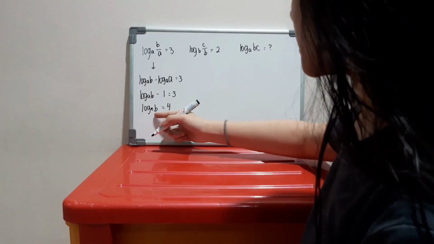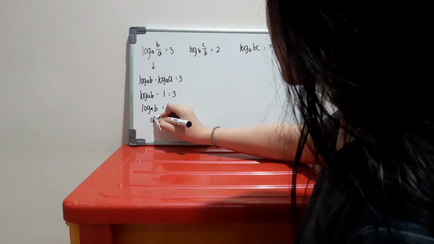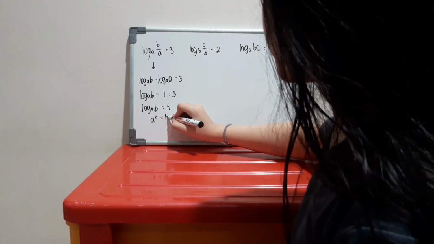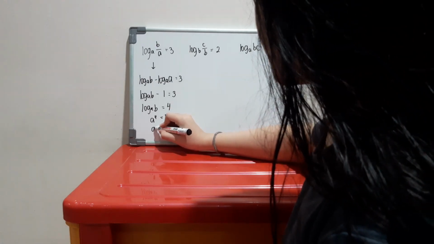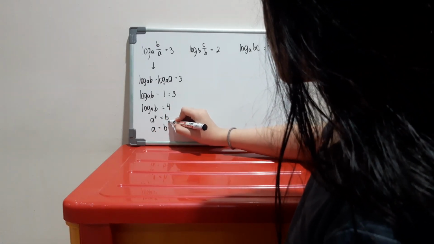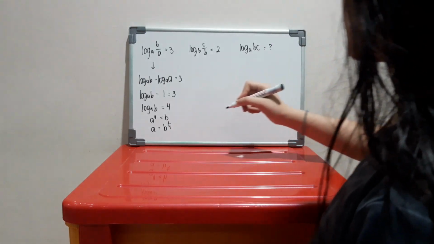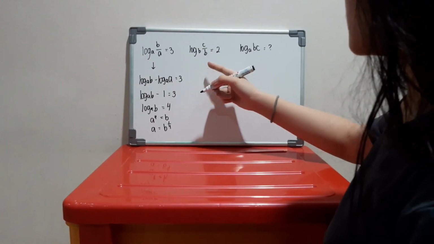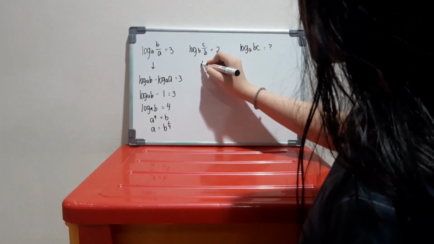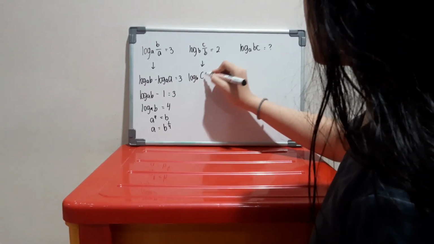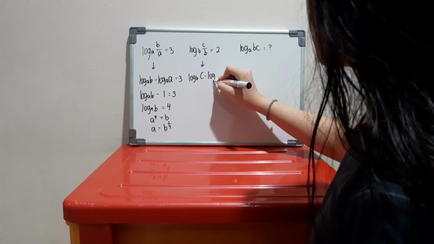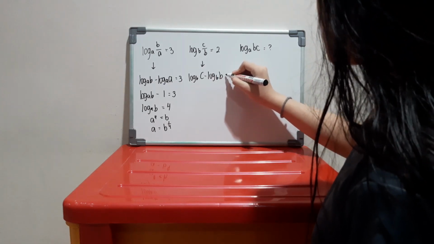Changing it into exponential form, we get a to the power of 4 equals b. Singling out a, we have a equals b to the power of 1 over 4. Now we can do the same thing to this using the quotient rule. Log base b of c minus log base b of b equals 2.